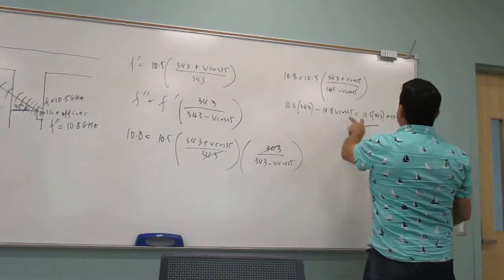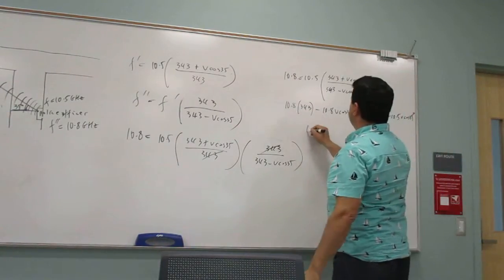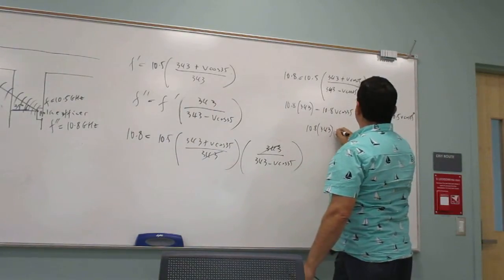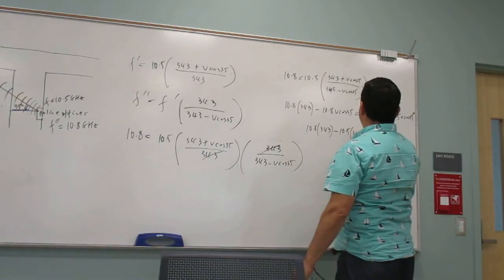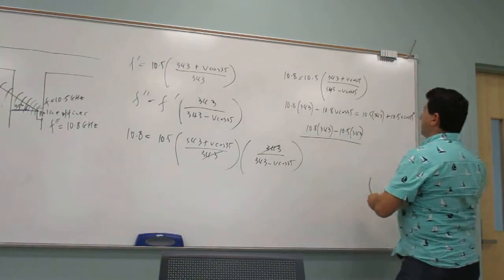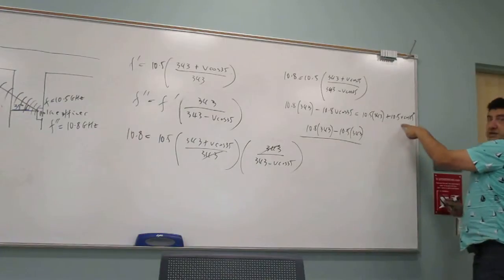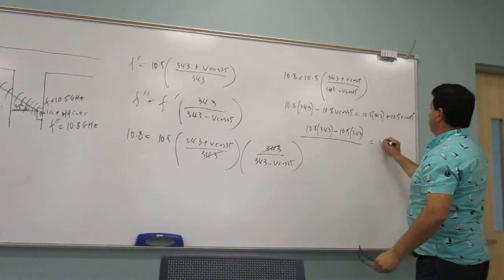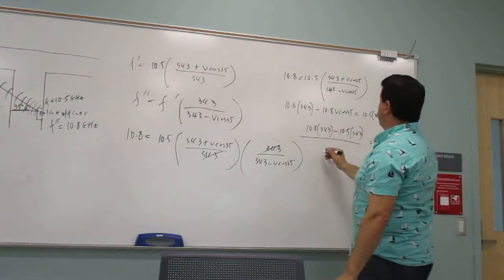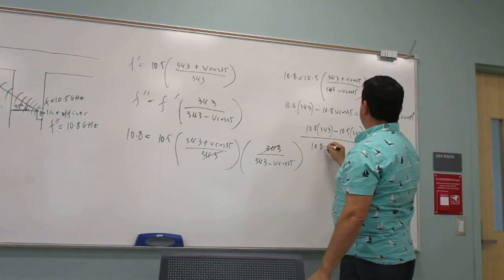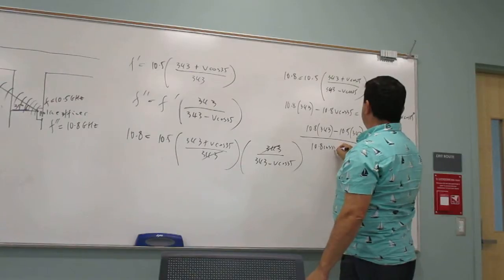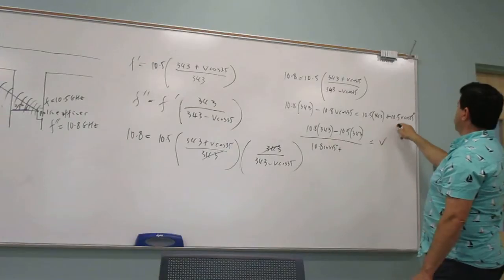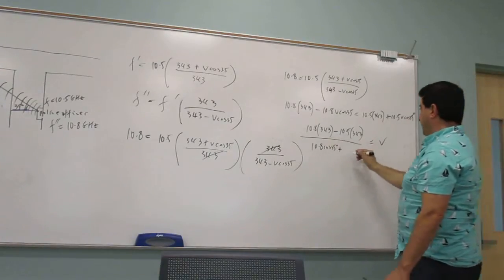I would take this and take this and write it over here, 10.8 times 343 minus 10.5 times 343, divided by, take this that has a v, bring it on this side, factor out the v, right? And then just have everything else, which is 10.8 cos 35 plus, this one goes over there, plus 10.5 cos 35.